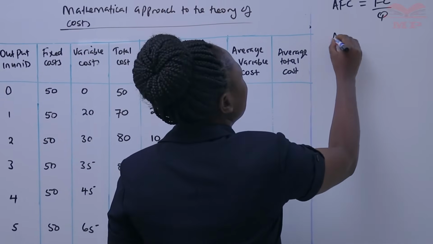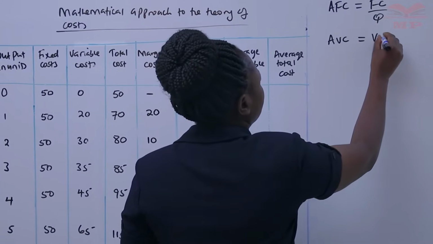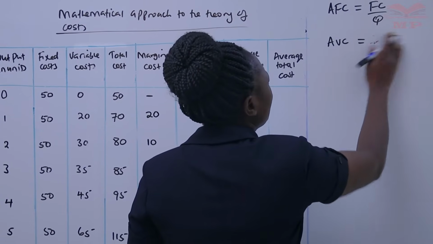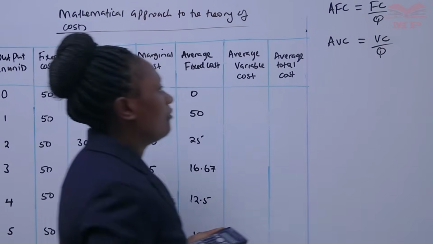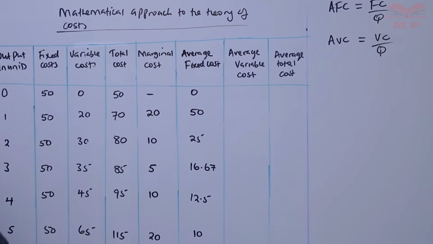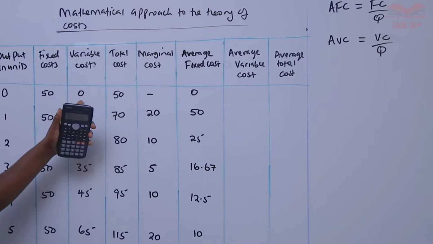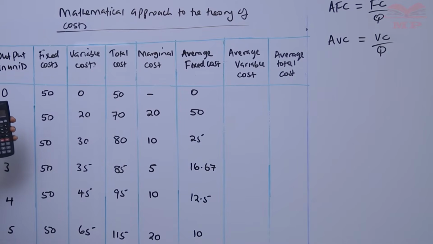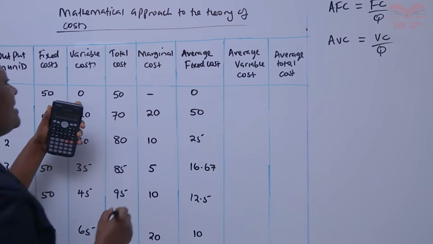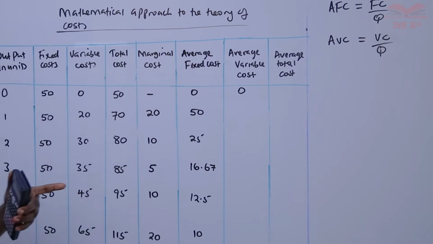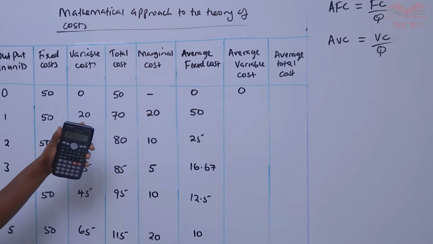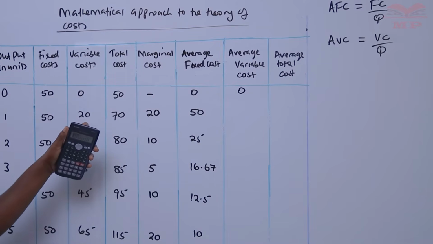We say that average variable cost equals total variable cost, which is just the same as variable cost over Q. So our variable cost for output unit 0 was 0. So this will give us 0. Then for the first unit, the variable cost is 20.